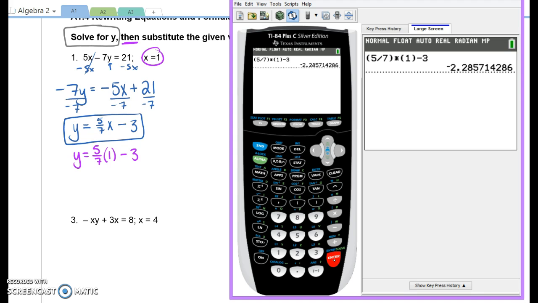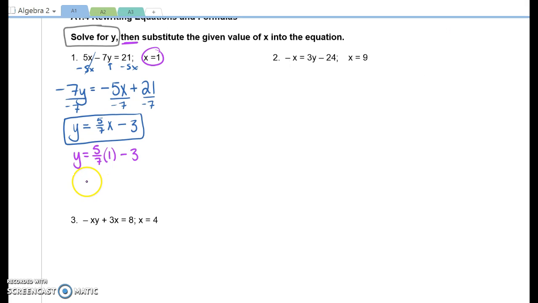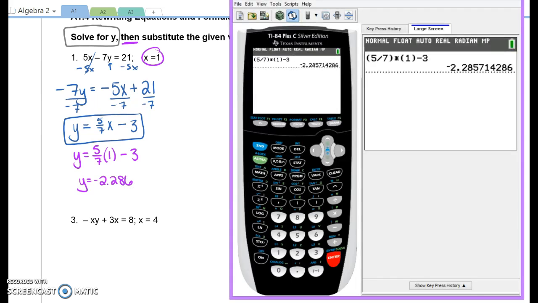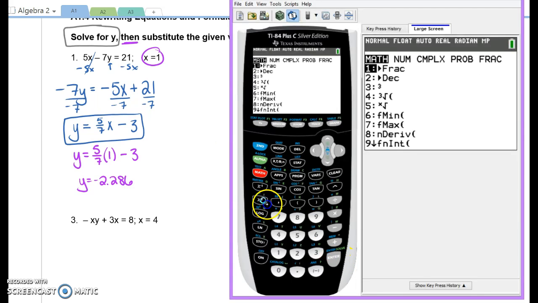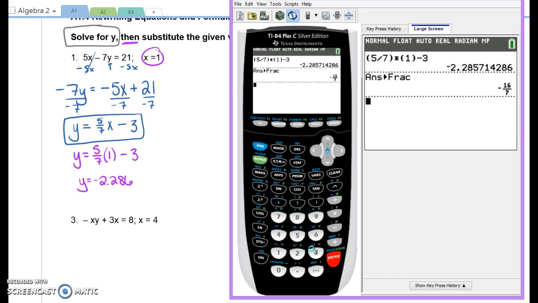You get the decimal negative 2.286. Or if you prefer to change that to a fraction to make it look a little bit nicer, it's negative 16/7.